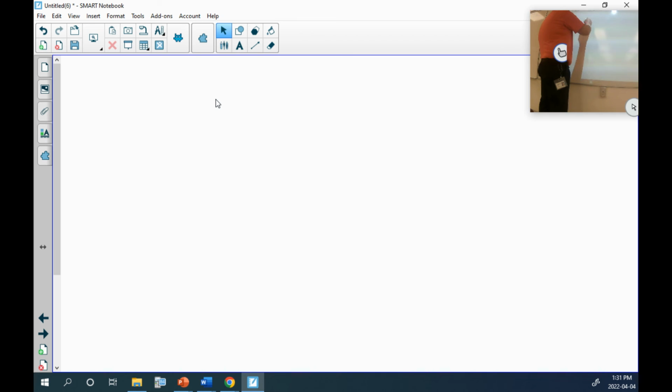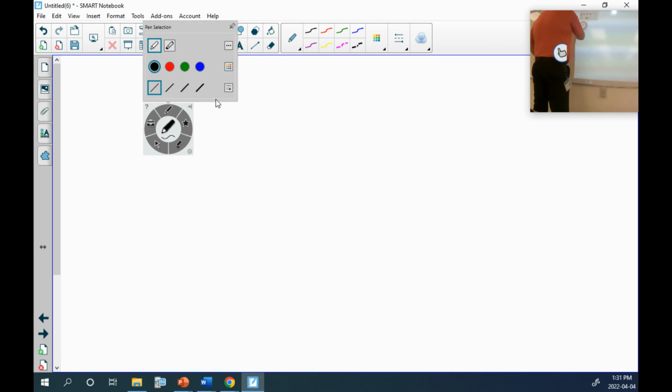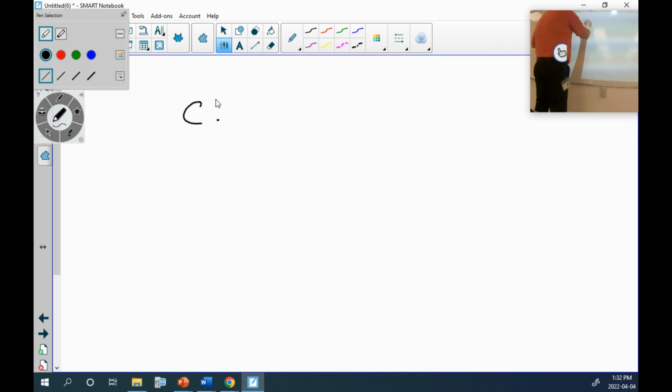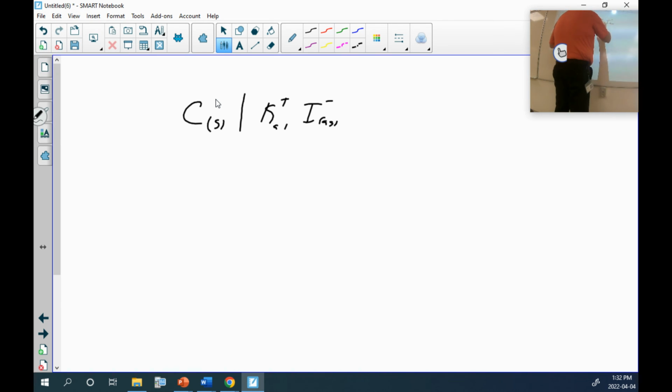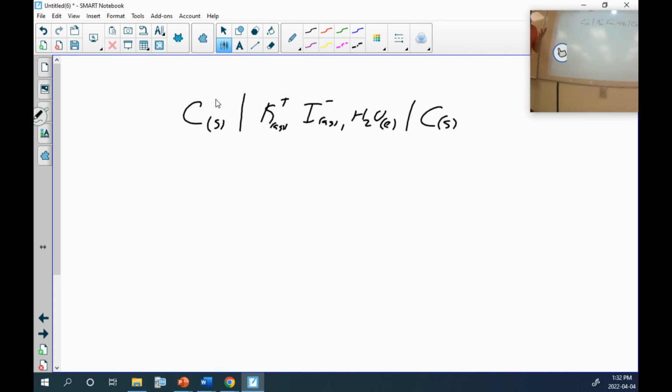So what the cell notation would look like here: the cell notation would look like this, because we don't have half cells here.